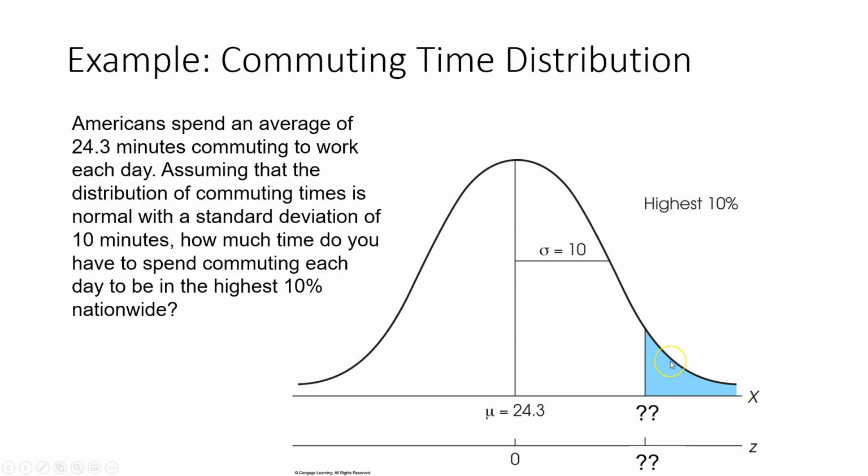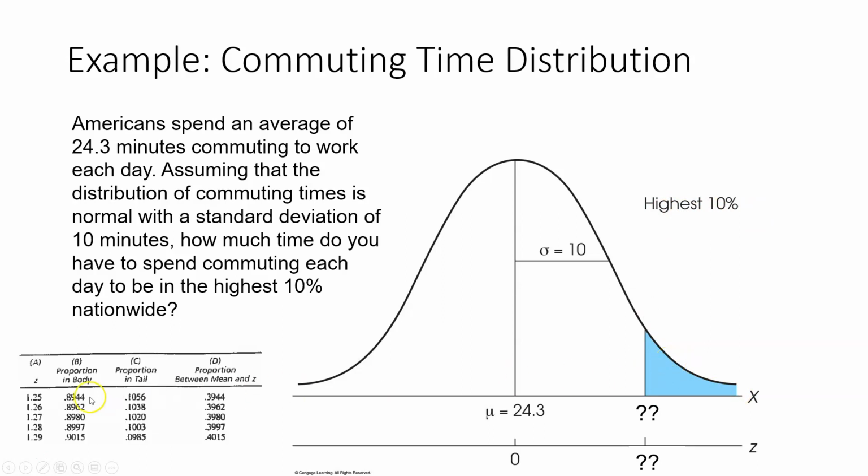Well, the first step that we have to do is figure out what is the z-score that matches the proportion of 10%. If you look at the proportion in the tail column, the one that's closest to 10% is 1.28. So we'll mark that as our z, 1.28.